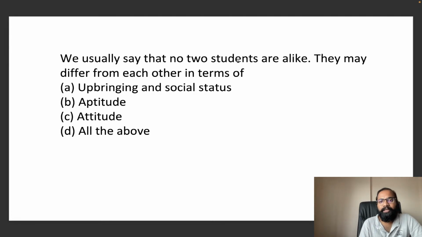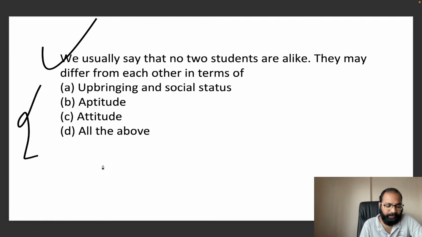Next, we usually say that no two students are alike. They may differ from each other in terms of what? Just now I finished this topic with individual differences, right? This question is related to individual difference only. So what is the correct answer?